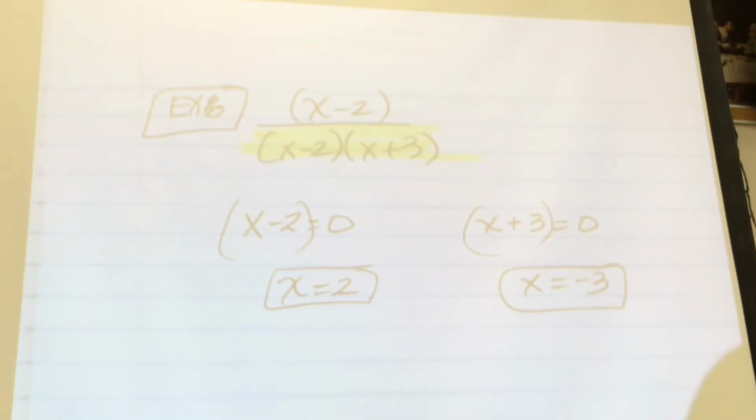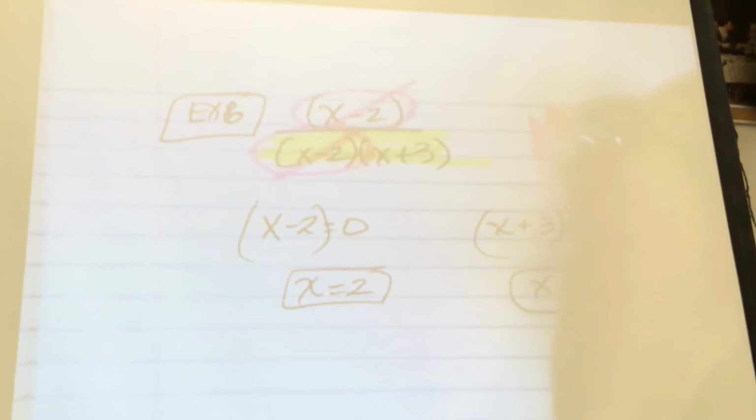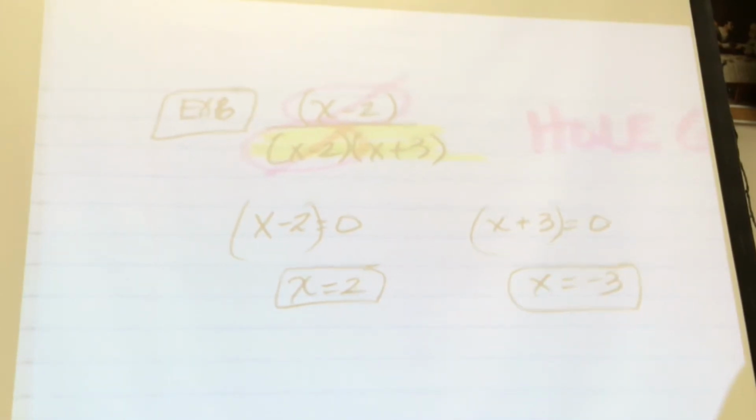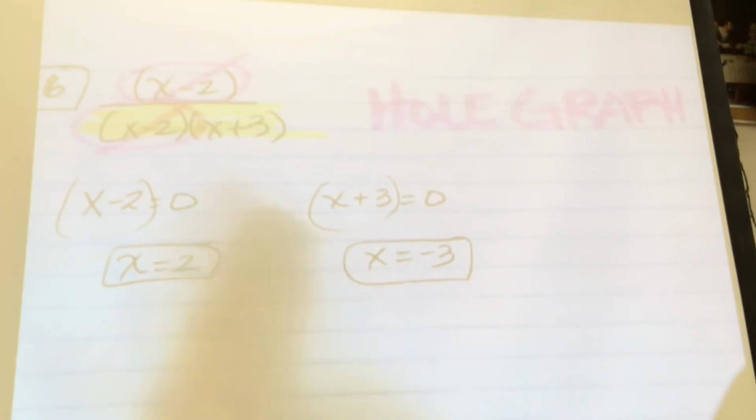Now, the reason why this problem is special is that you'll notice that there's an x minus 2 on top and on bottom. When you have them cancel out like that, we call that a hole in the graph. A hole happens when something in the numerator cancels something in the denominator.